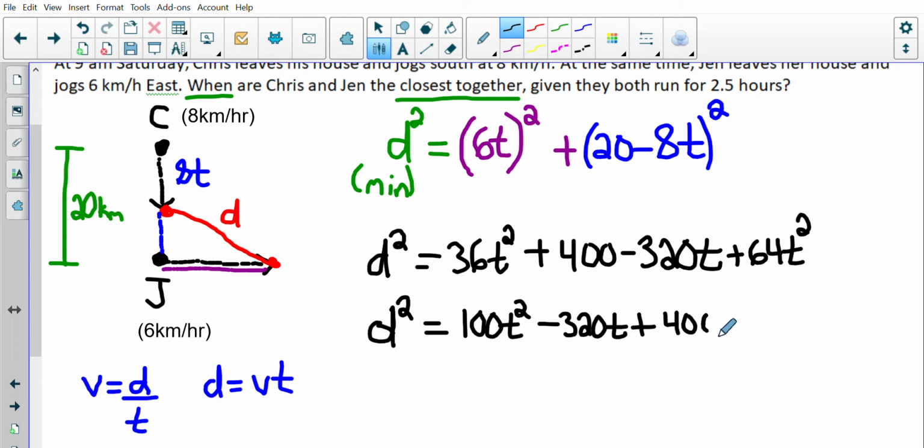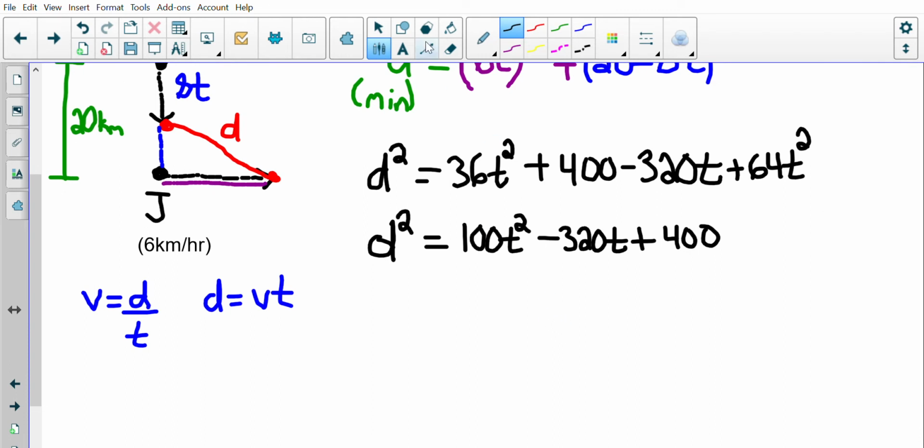Now, I could do implicit differentiation, because it is time to take the derivative, but I'm not going to do that. I'm going to square root both sides. So when I do that, that little 2 is gone, and this whole thing would be taken to the 1/2, because that means square rooting. There, so now I've got d by itself, all in terms of one other variable, t.